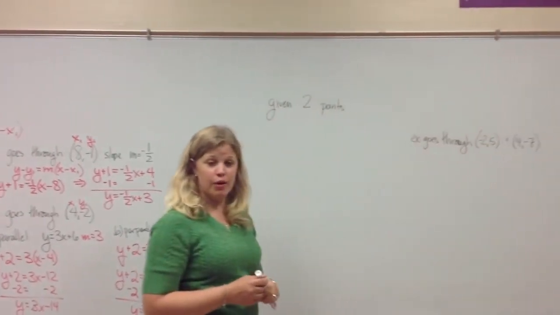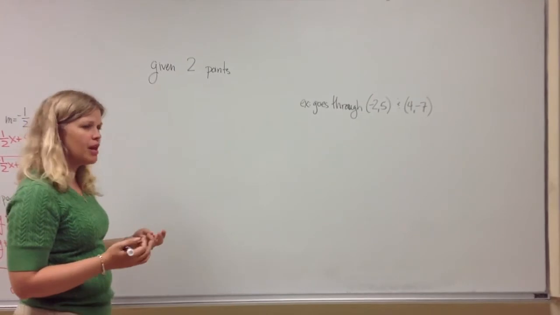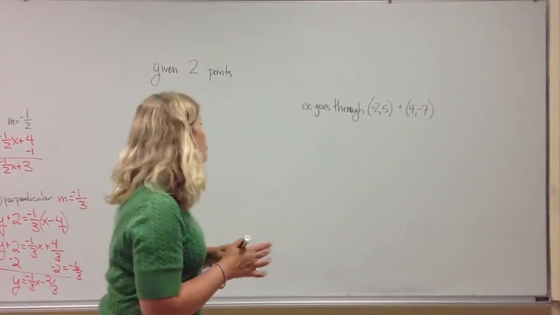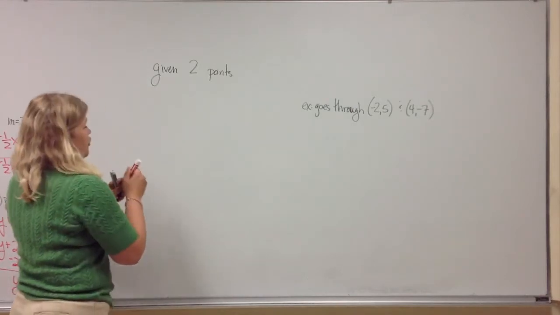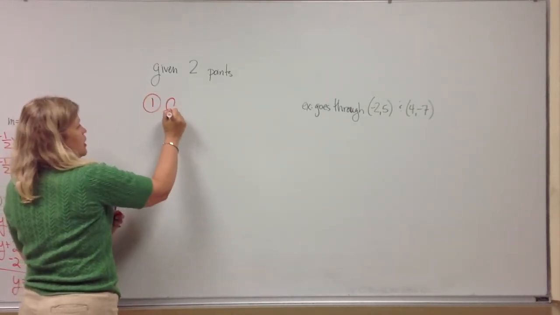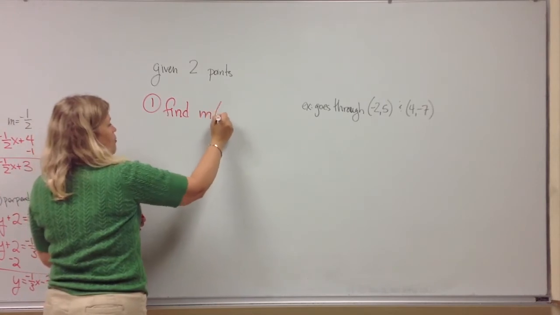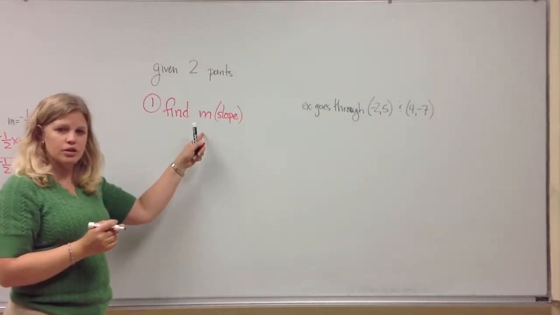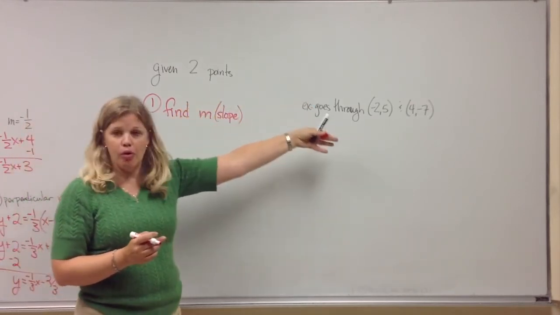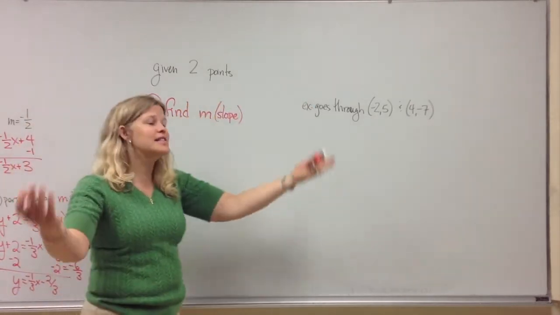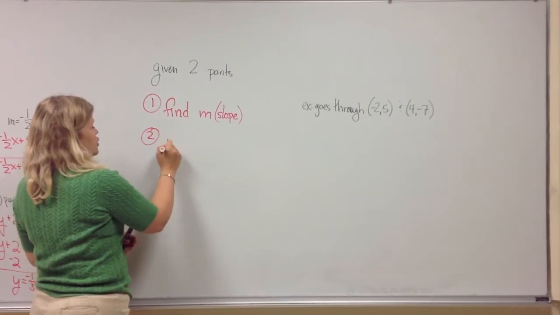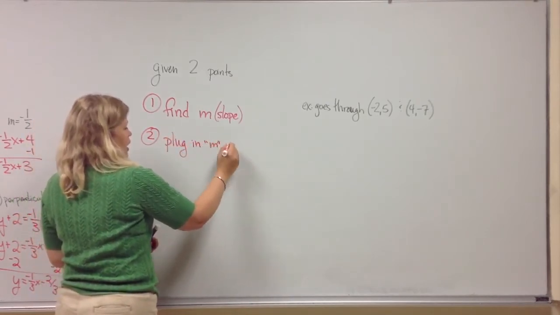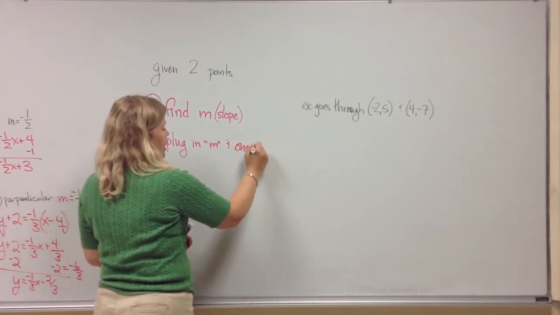Okay? And let's write down the steps. What did I tell you before you always need? You always need slope. So I bet our first step is going to be find m, or in other words, whatever the slope is. If you want to know the slope and you've got a point, don't you already know how to do that? Exactly. You are going to plug in m and one of the 2 points.